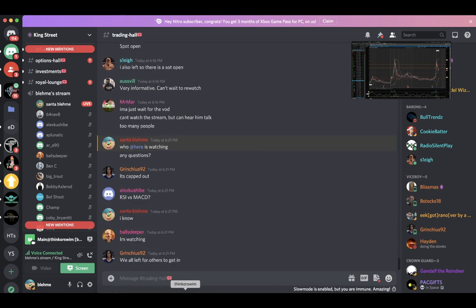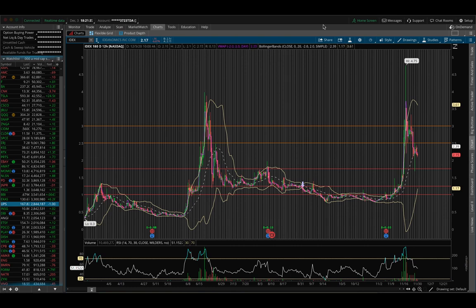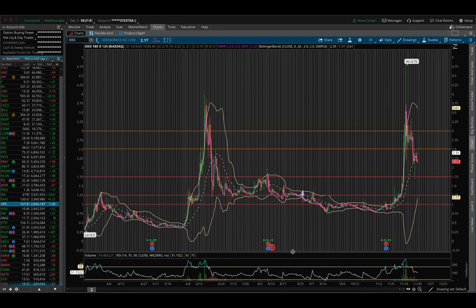All right, so I guess that's a good question. Yeah, what studies am I using here in general? I'm using RSI, right, and volume bars at the bottom. Okay, and I have those stacked on top of each other. That's just the way I like to have it, because I like to focus on the candles and the charts.